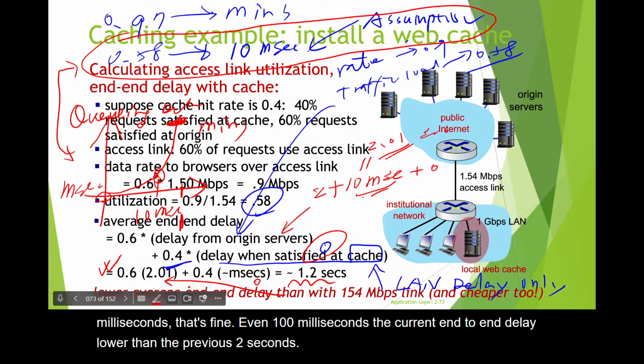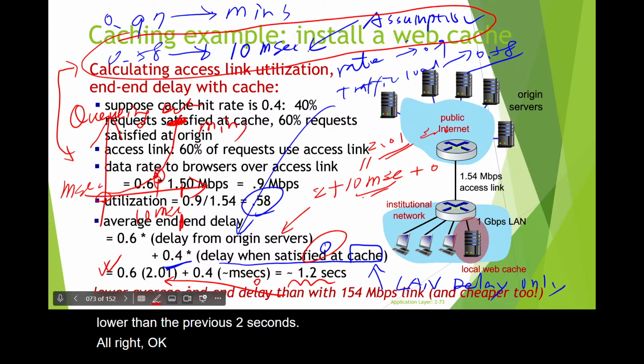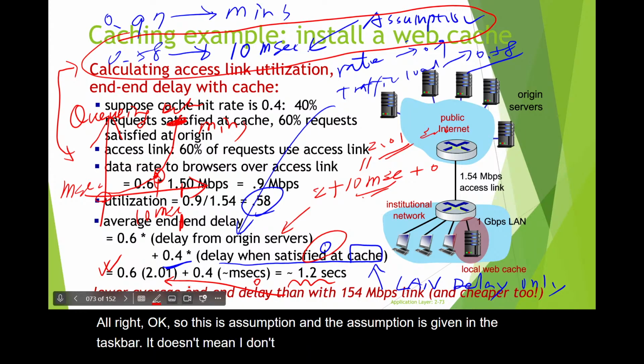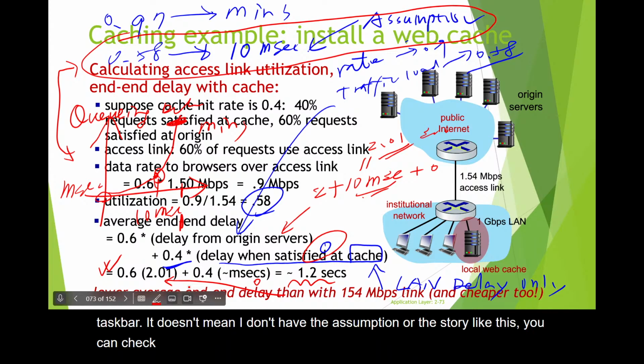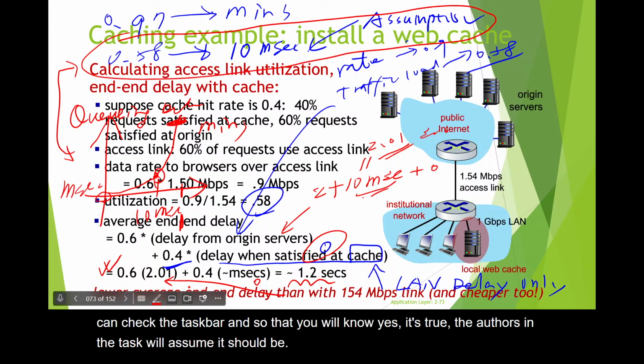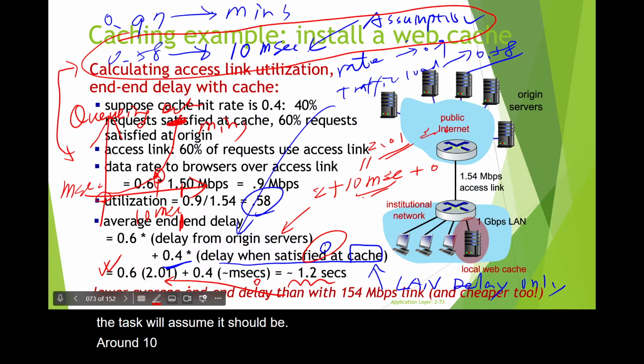All right. Okay, so this is an assumption, and the assumption is given in the textbook. It doesn't mean I directly made up the assumption or the story like this. You can check the textbook, and then you will know, yes, it's true. The authors in the textbook assume it should be around 10 milliseconds when we have a traffic load of approximately 0.6.